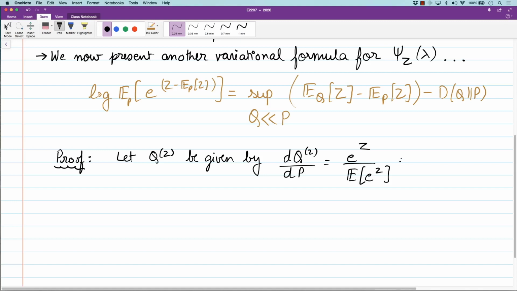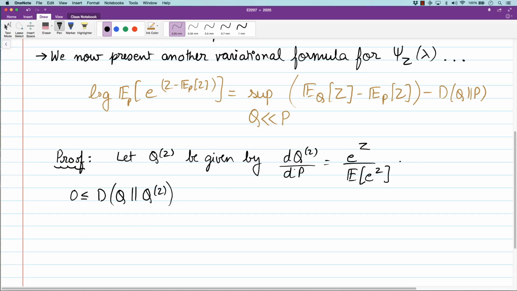Look at this, and what we notice is that the divergence between Q and this Q_Z must be greater than or equal to 0. That's what we notice.